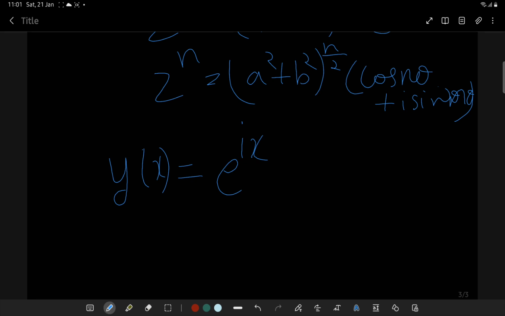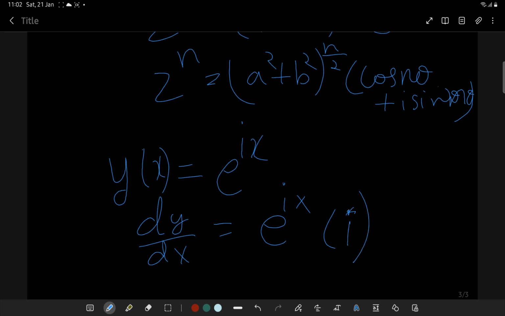For differentiating this, we must take i as a constant. Therefore dy by dx is e power ix as it is, then by the chain rule, the differentiation of ix is i, since i is a constant, therefore i e power ix. If you want, you can verify it by Euler's form also.